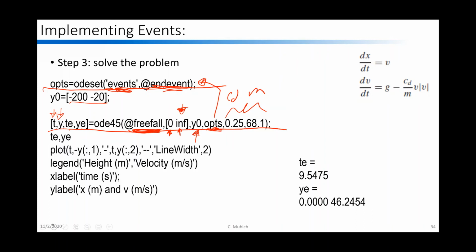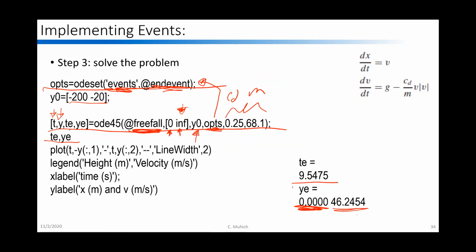I can then do some plotting things, like print out my end time and my y end, and then plot. In this case, I'll find I hit the ground after 9.5 seconds. My final height is 0, and my final velocity is 46 meters per second.